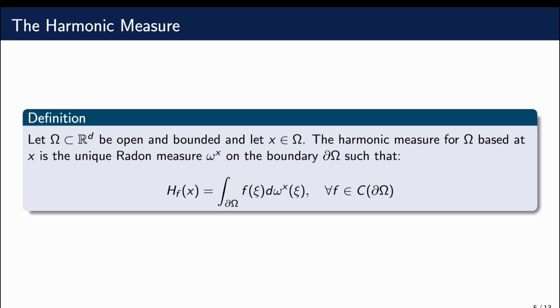So here we're defining the harmonic measure as the unique Radon measure on the boundary such that we have this h of f, which we will get to defining later.